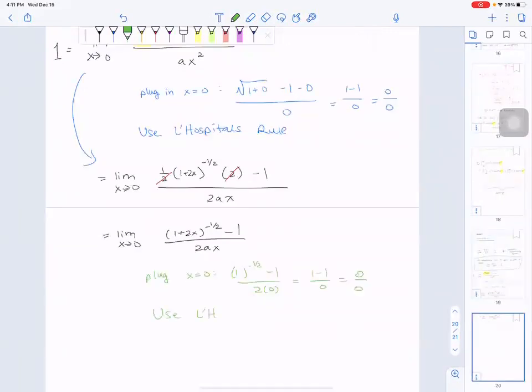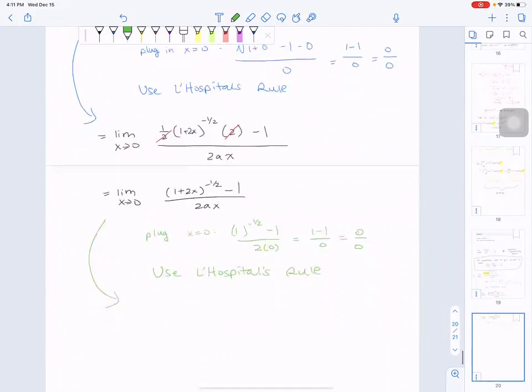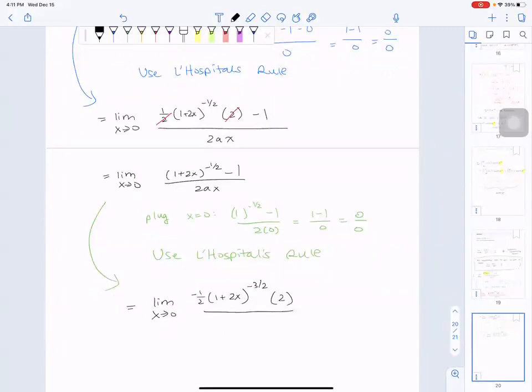So let's try using L'Hopital's rule again. The derivative of the top is now, we bring the exponent down, -1/2. The new exponent is -1/2 minus 1, so that's -3/2. And multiply by the derivative of the inside, which is 2. All over, what is the derivative of 2ax? 2a, remember, a is a constant. So you have constant times x, and that derivative is just a constant.